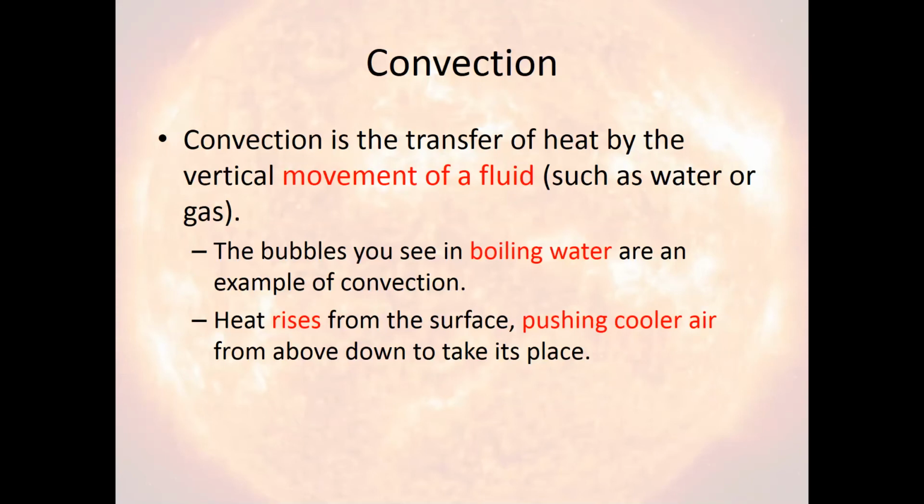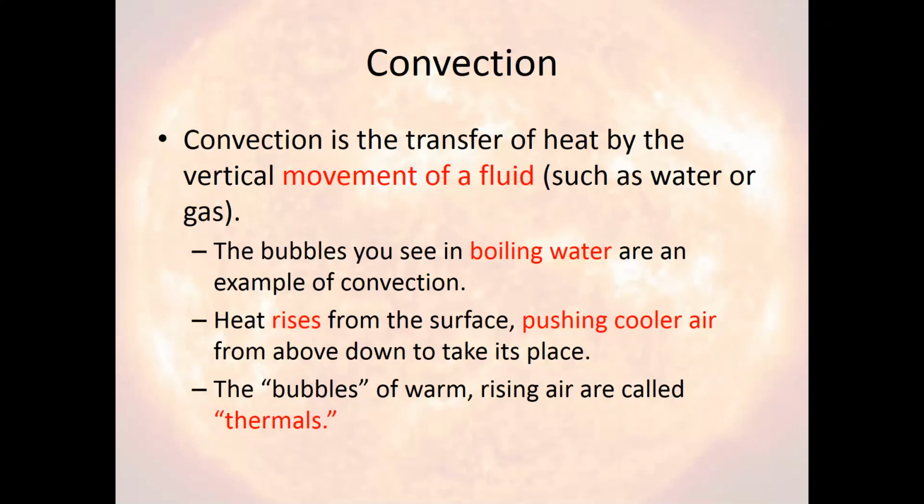The way it works, heat rises from the surface up through this fluid, and as it rises, it's not rising into empty space. Remember, air has weight, air has molecules, air is a fluid. And as a result, as this air rises, it has to push air away. Well, the way it works is it actually pushes the colder air away and forces it down. So as heat rises, cold air comes in and takes its place. That cold air then gets heated and it rises.